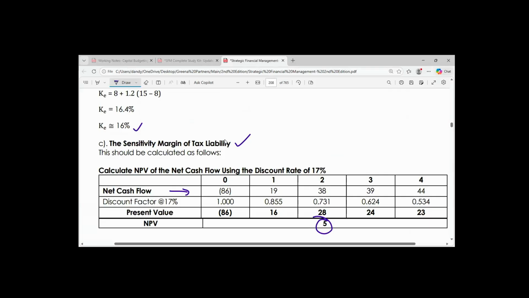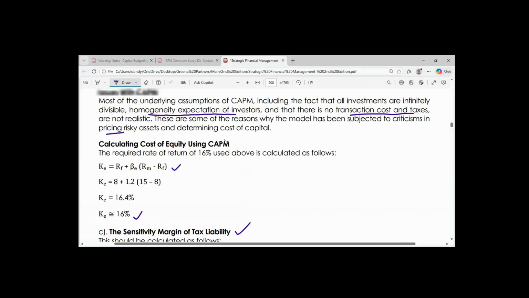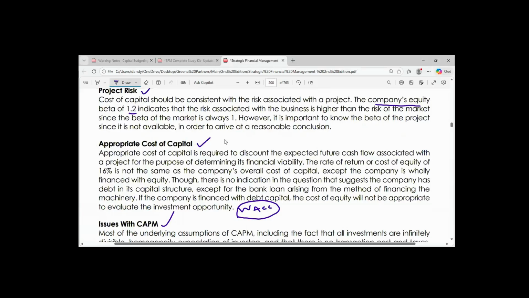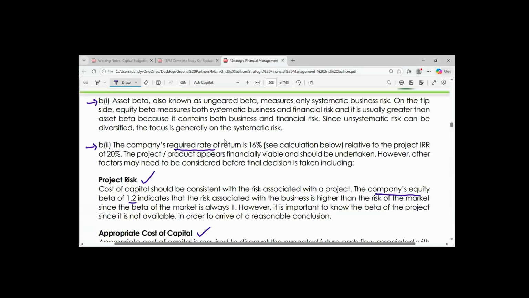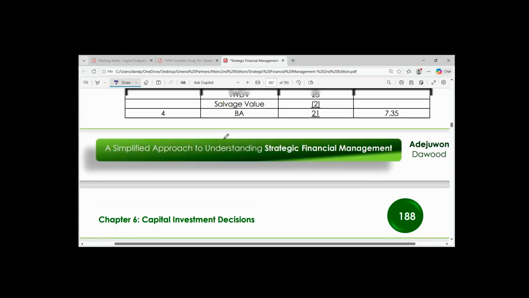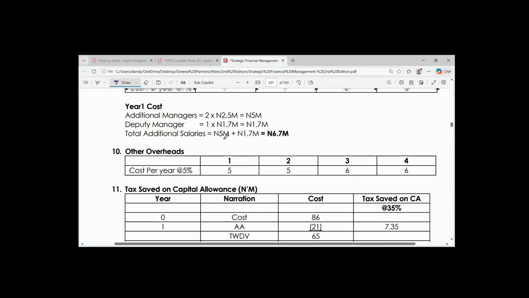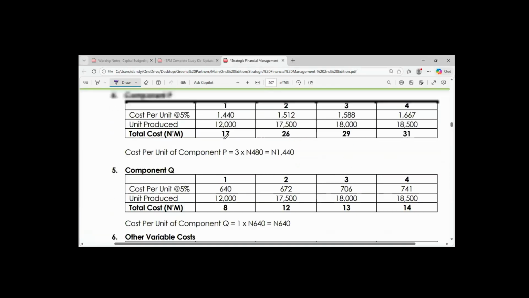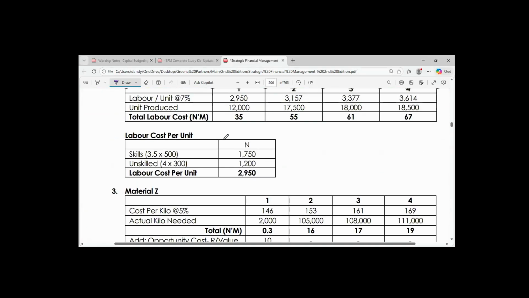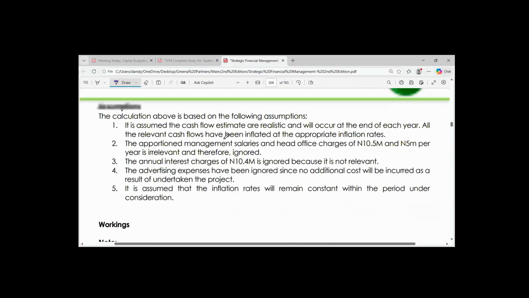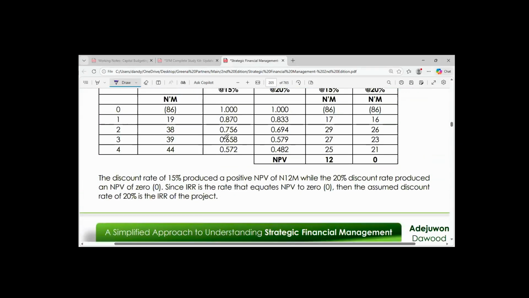Please go and try that question, and let me know your solution. If you have the golden book, just go and check the answer there as well. The question is a little bit technical, so find your way, solve it, and let me know if you have any issue.